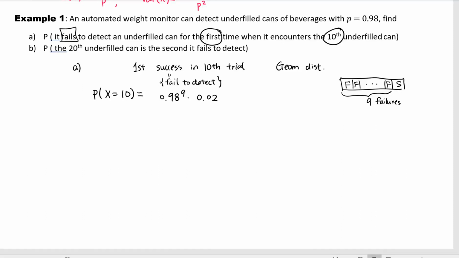Plug this into your calculator and you get approximately 0.01667. Usually please keep your answers to 4 decimal places, but if you see more zeros here, keep 4 significant figures.